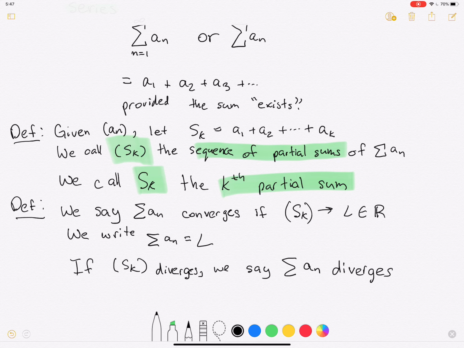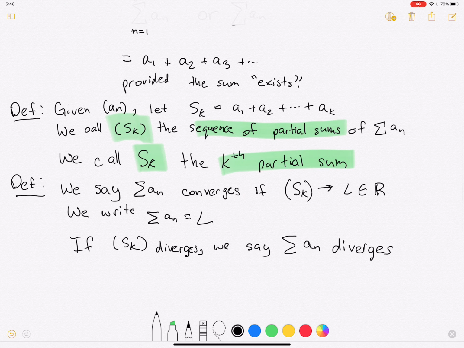So now we've defined convergence and divergence for a series.